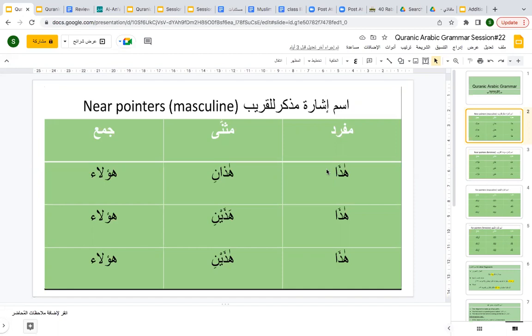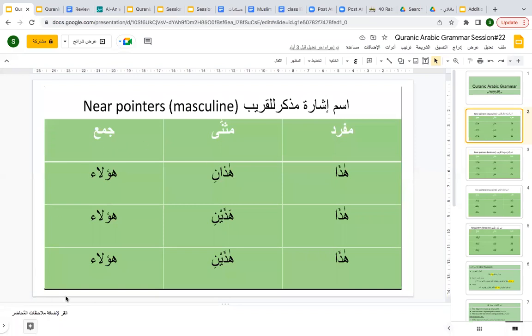Very well done. What do you know about its type? It's proper. Your pointers, your pronouns, your relative pronouns, they're all proper. This is non-flexible because it is looking the same in all three cases.